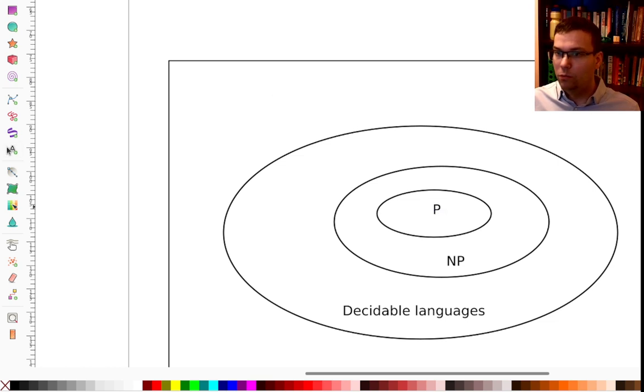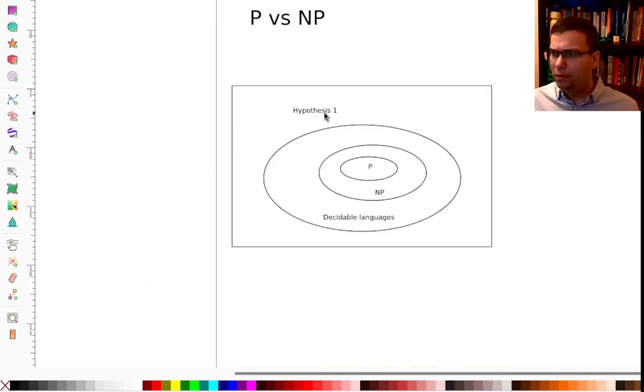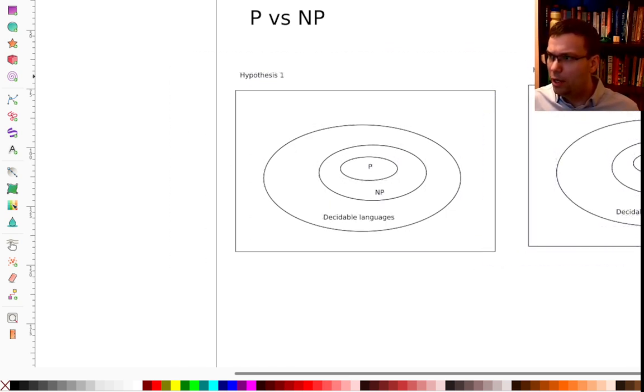So here is one hypothesis, that P is actually a strict subset of NP. But a moment ago, I did say that even though I looked at these specific examples in NP and they seem like they're probably not in P, we don't actually know for sure. So another hypothesis is that not only is P a subset of NP, but that NP is a subset of P. In other words, if I'm in NP, then I can solve it in polynomial time.